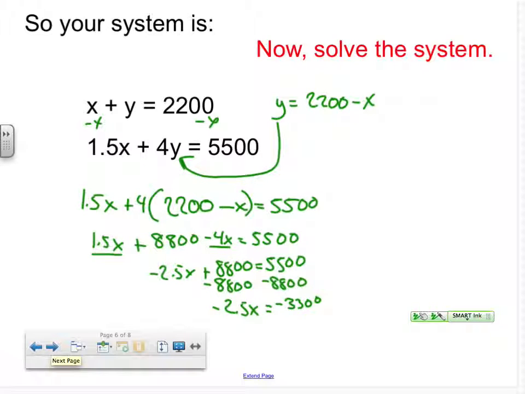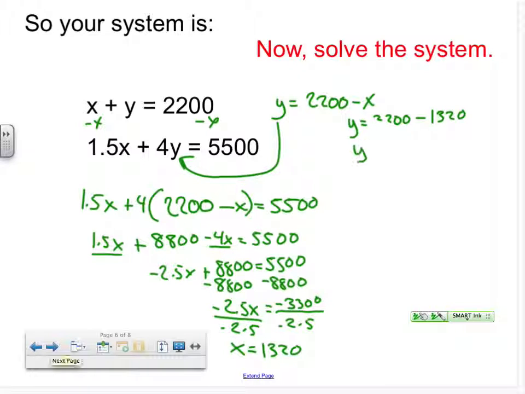We'll divide by negative 2.5. So our x value, x equals 1,320. Our y value, y equals 2,200 minus 1,320. Y equals 880.